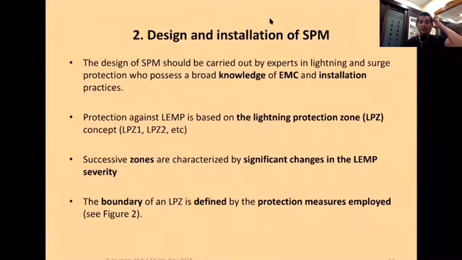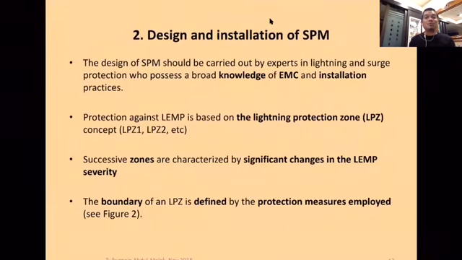Design and installation of SPM. So I've already mentioned just now, there is a term called zones. So when you do your risk analysis, or when you do your assessment, basically, you should define your zones inside your structures, more than one. Zone 0 means outside the structure. Zone 1 is inside the structure.